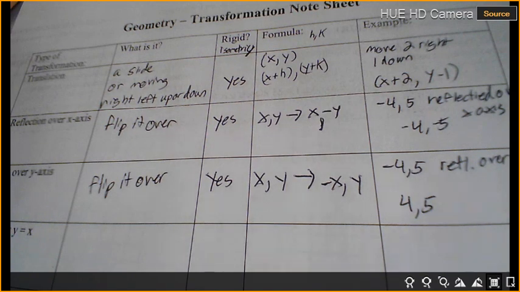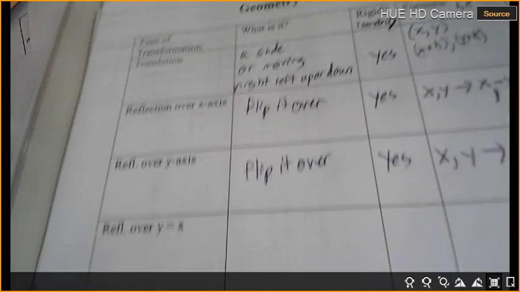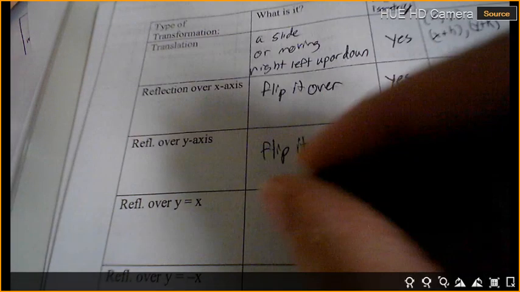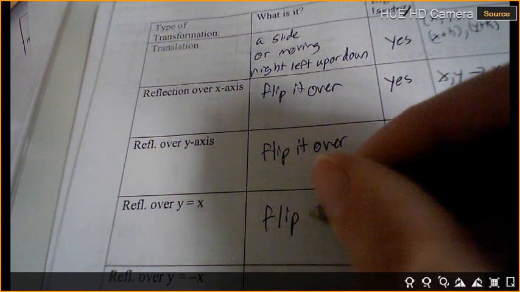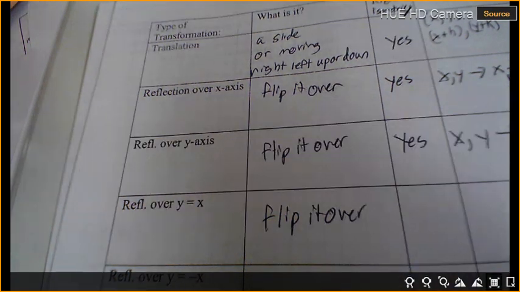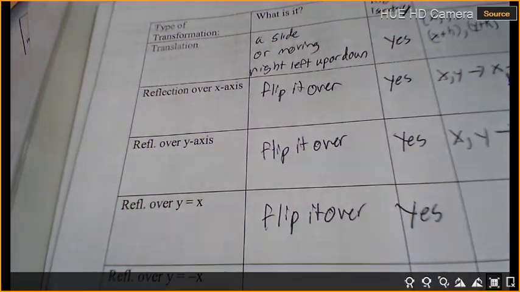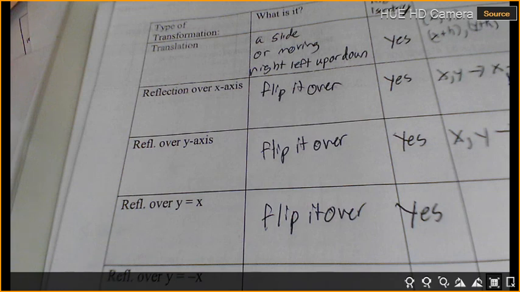Okay, this is a harder one, reflecting over y equals x. It's still flipping it over. Is it rigid? Yes. I have to even look back at my notes for this one. It's a reflection over y equals x.